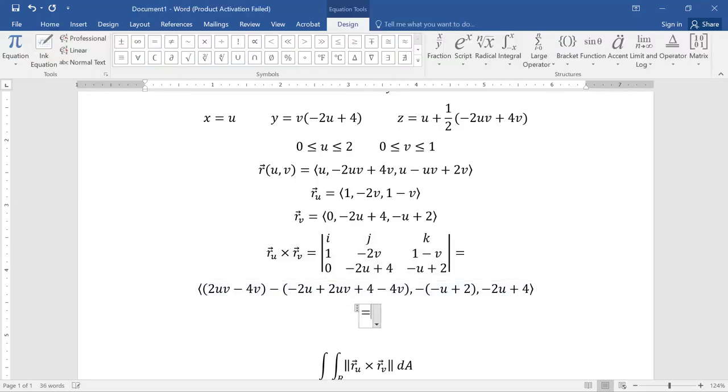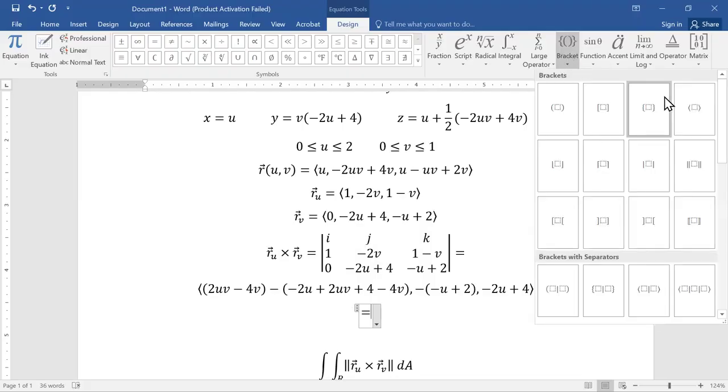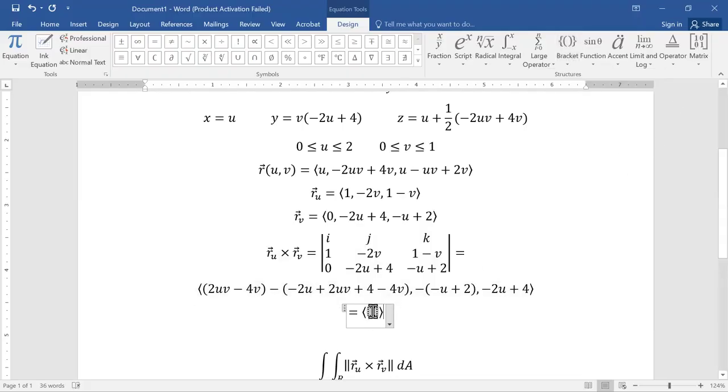I'm going to simplify this. In the first component, this 2uv minus this 2uv are going to cancel each other out. This minus 4v and minus a negative 4v are going to cancel each other out.